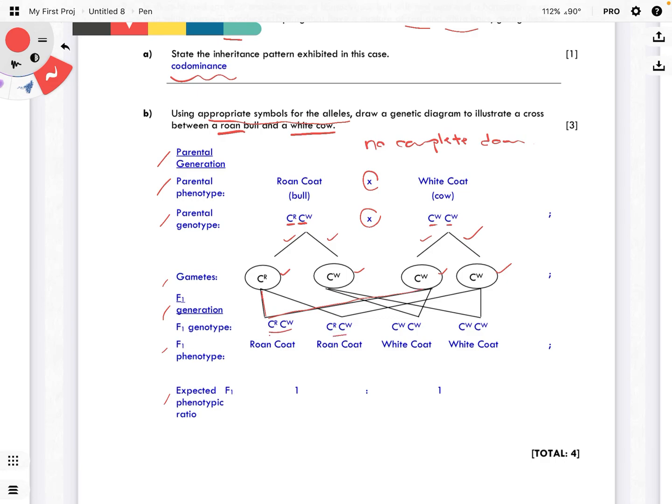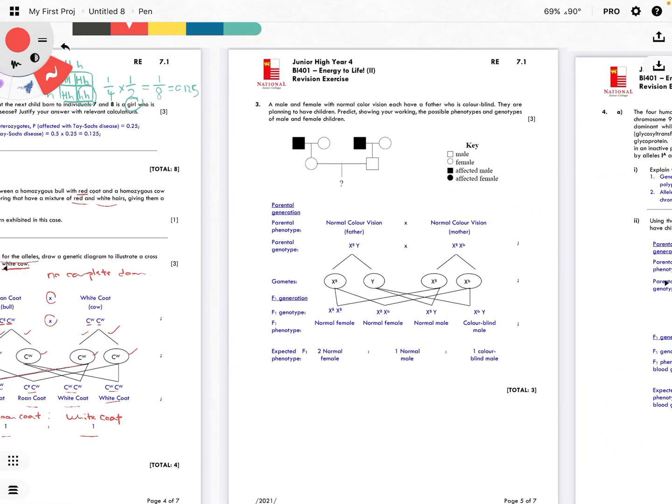Write down all the possible genotypes. Write down all the possible phenotypes. And then write down the expected ratio. In this case, it's a 1:1. So you would also want to write something like roan coat is to white coat, so we know what the ratio represents. So this is one example of drawing genetic diagrams.